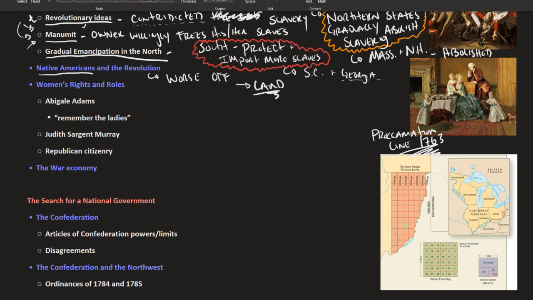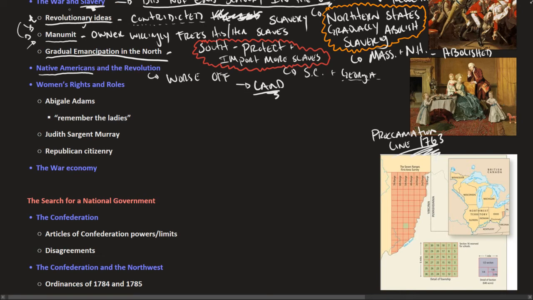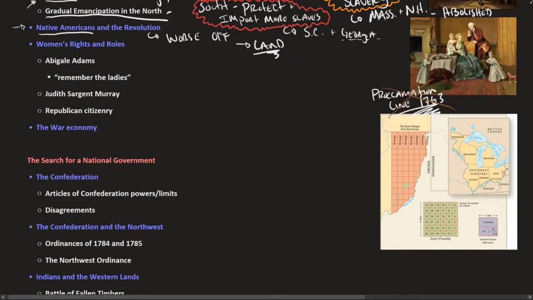But at the very least, there was some sort of barrier between colonial settlement of the West and Native American territory. Now with the British gone, that Proclamation Line is gone, right? So at the very least, we could say that especially Western tribes were now worse off because the British were no longer preventing this move westward.